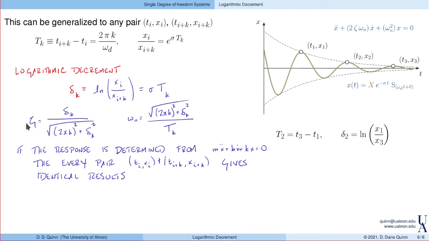So we would get the same value of the damping ratio and natural frequency, regardless of which two pairs we picked. But if the system is not exactly represented by this, and we're just looking for a good approximation, then those identified values will change. So multiple pairs are multiple steps here.